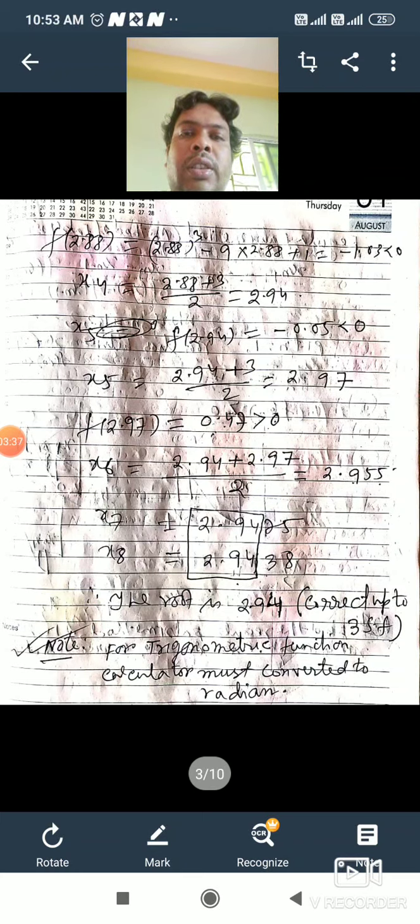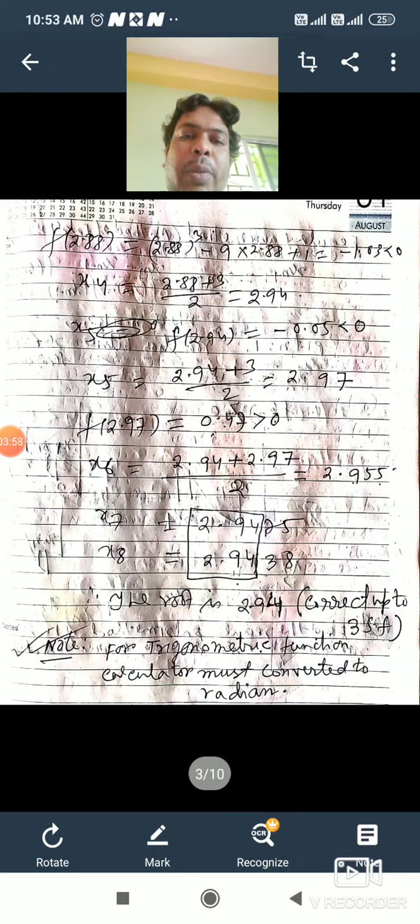So the root lies between 2.88 and 3. Similarly, we calculate x4 equal to (2.88 plus 3) by 2, equal to 2.94. Now calculate f of 2.94, equal to minus 0.05, less than 0. Similarly, the root lies between 2.94 and 3.